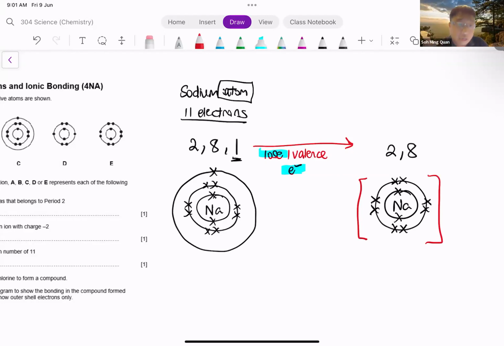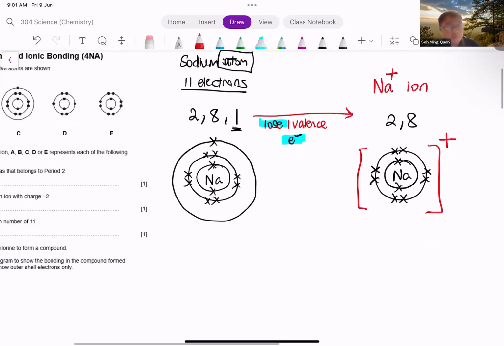When you lose an electron, you lose the negativity in your atom. That means your ion is now positively charged. So this is the Na plus ion. This is how sodium loses 1 valence electron to form the Na plus ion.